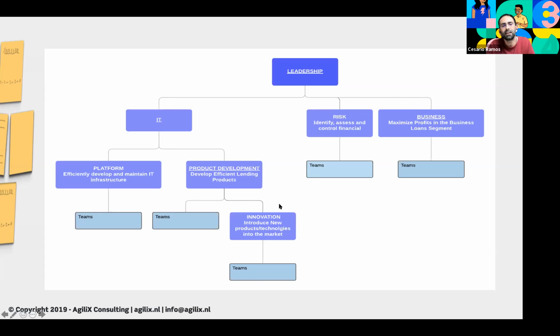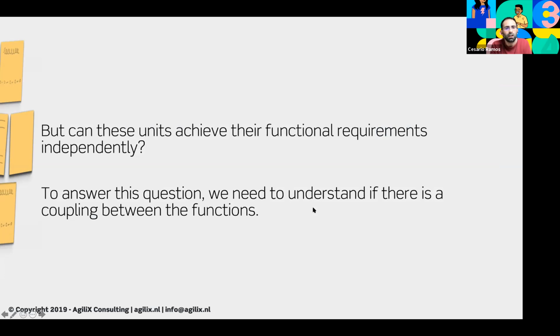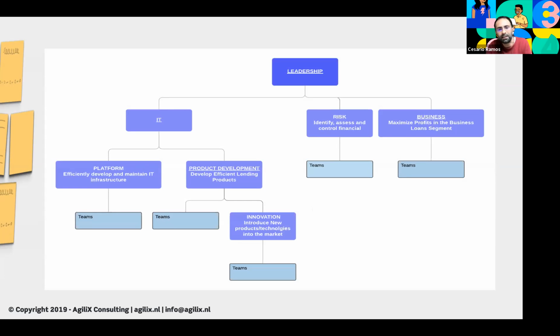They each have their own function that they have to achieve. For example, product development's function is to develop efficient products, lending products and insurance products. And innovation was, well, we need to introduce new technologies into the market, etc. That's our function. It's important for the insurance company to do this.